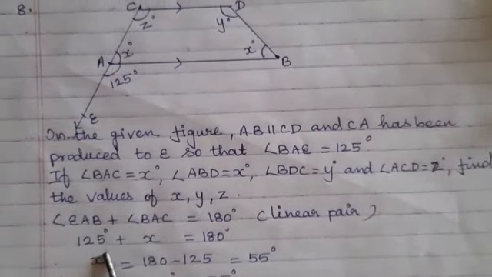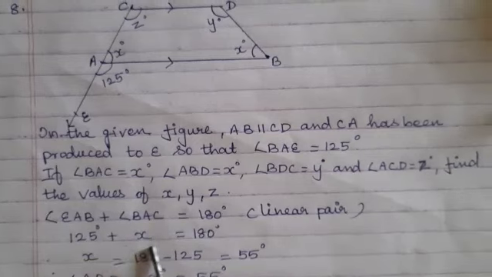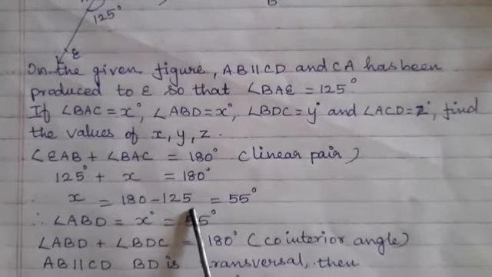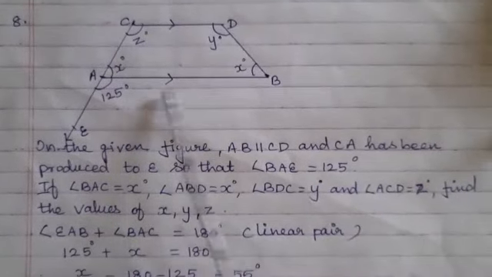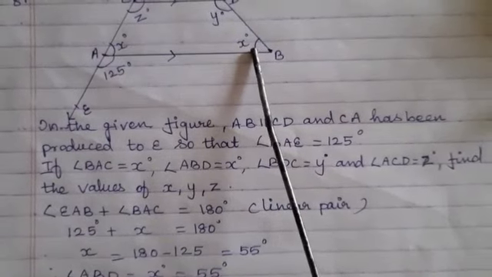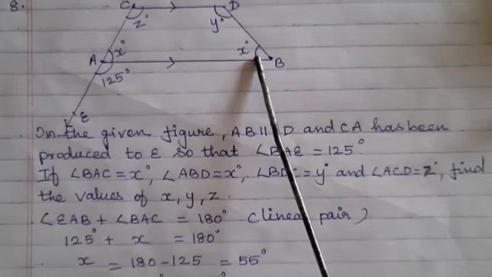EAB is given as 125 degrees, BAC is given as x. So 125 plus x is equal to 180 degrees. So x is equal to 180 minus 125, that is equal to 55 degrees. So the angle BAC is 55 degrees. Here also x is given, so this ABD is also 55 degrees.